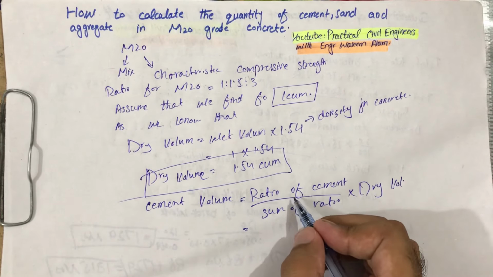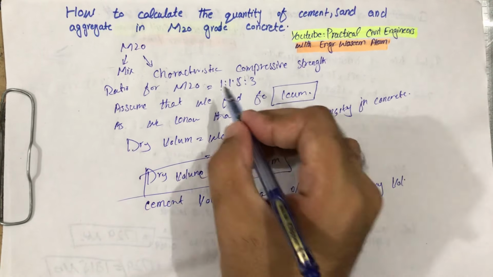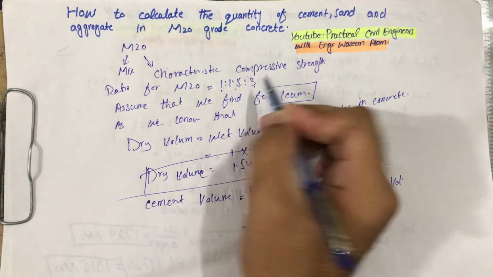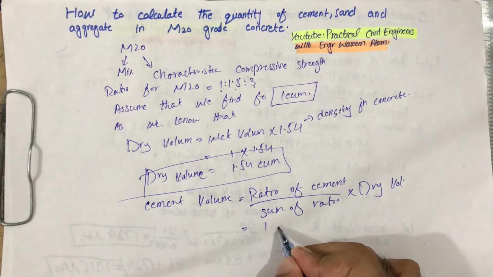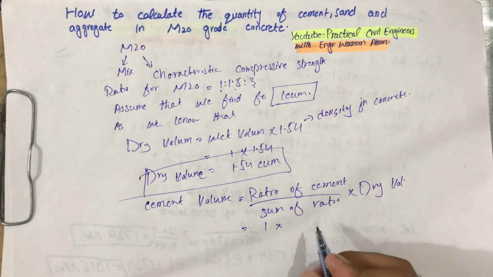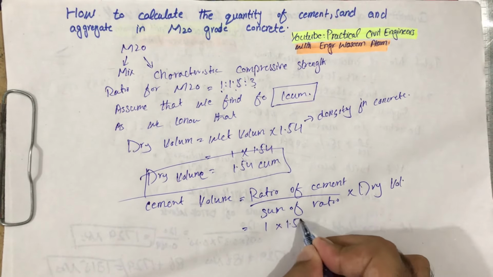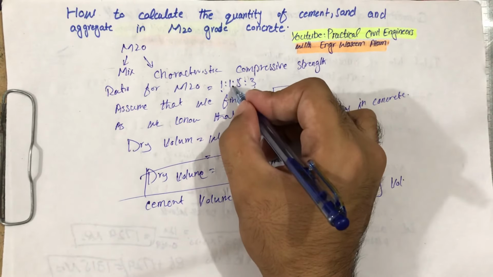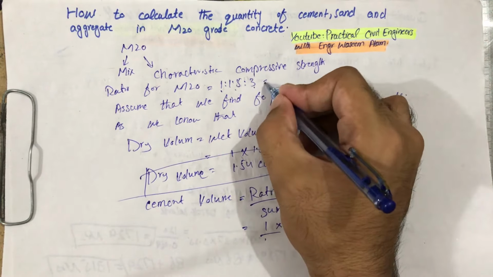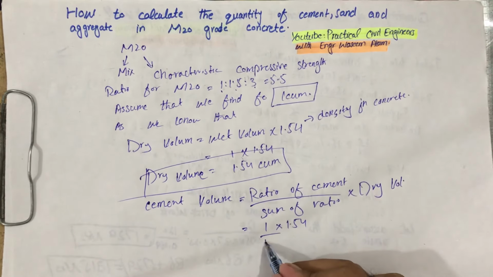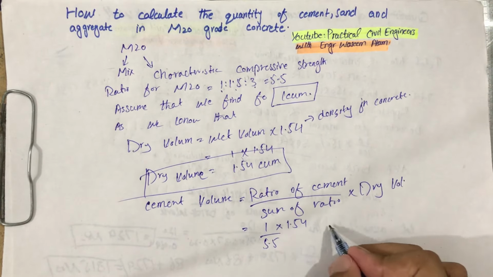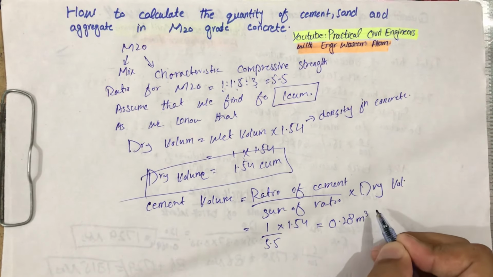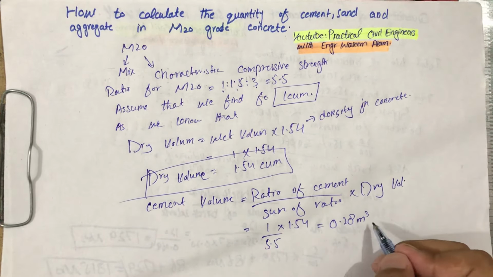The ratio of cement is 1, this one is cement, this is sand, and this is coarse aggregate. So 1 multiplied by 1.54, divided by 1 plus 1.5 plus 3, which is 5.5. It will give us 0.28 cubic meter.